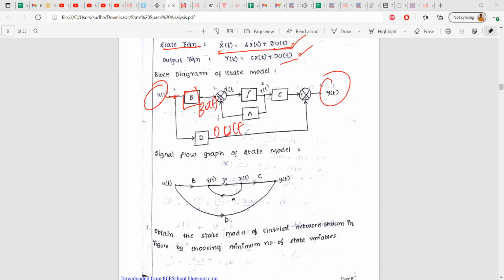Now b into u of t, with what should it be added?